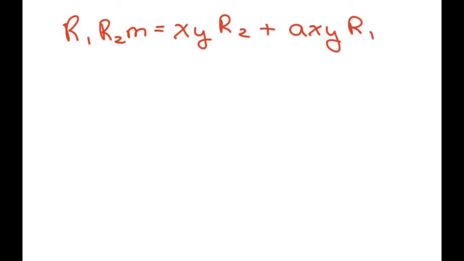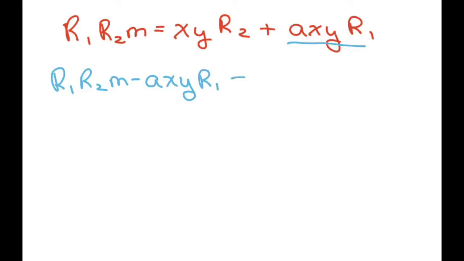Now we're solving for r sub 1, so I'm going to group my r sub 1's together. I'm going to move this over here, to get r sub 1, r sub 2 m minus axy r sub 1 equals this, xy r sub 2.